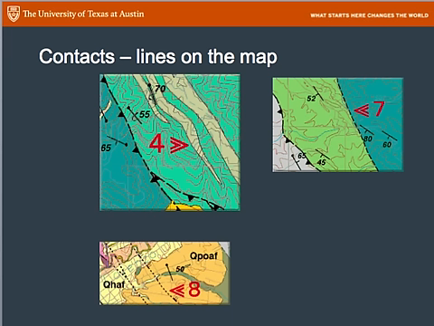The solid line indicates that the geologist who did the mapping stood there on the contact and knows exactly where it is. Contrast that with the arrow where 7 is pointing, and you see the boundary between two different colors is marked by a dashed line. That means that the geologist couldn't observe it right there for whatever reason. Maybe there were plants there, or something was in the way, or the land wasn't accessible.